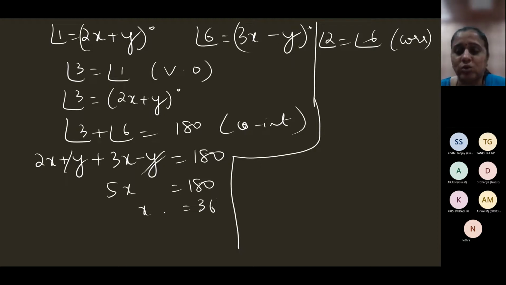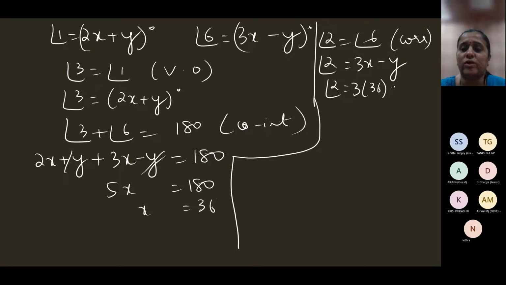We have to write angle 2 in terms of y. So angle 2 is equal to angle 6, because they are corresponding angles, which are equal. What is 6? 3x minus y. So angle 2 is equal to 3 into 36 minus y. So angle 2 is equal to 108 minus y degrees. They're the same thing.